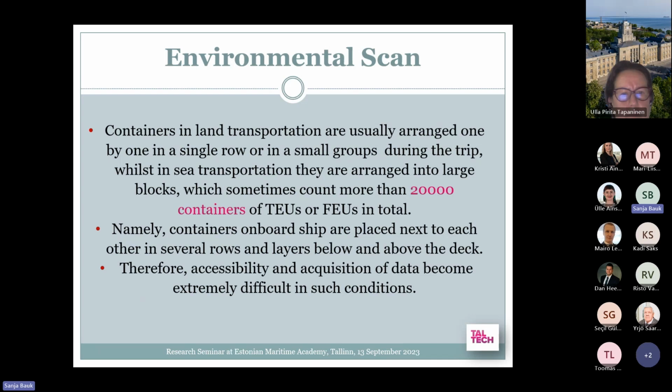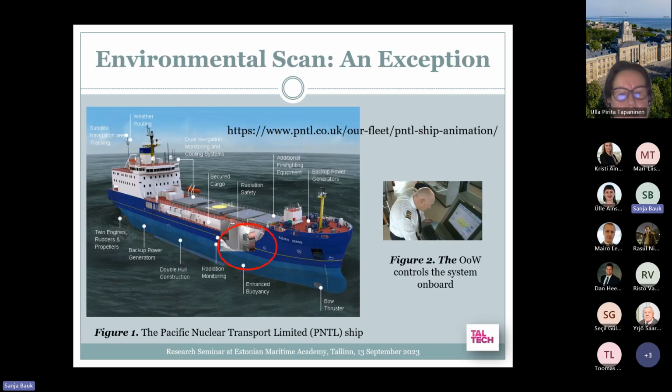Namely, containers on board ship are placed next to each other in several rows and layers below and above the deck. Therefore, accessibility and acquisition of data become extremely difficult in such conditions. And ship hull itself and its numerous systems can cause a lot of impediments when it comes to propagation of the signals which should follow the containers.